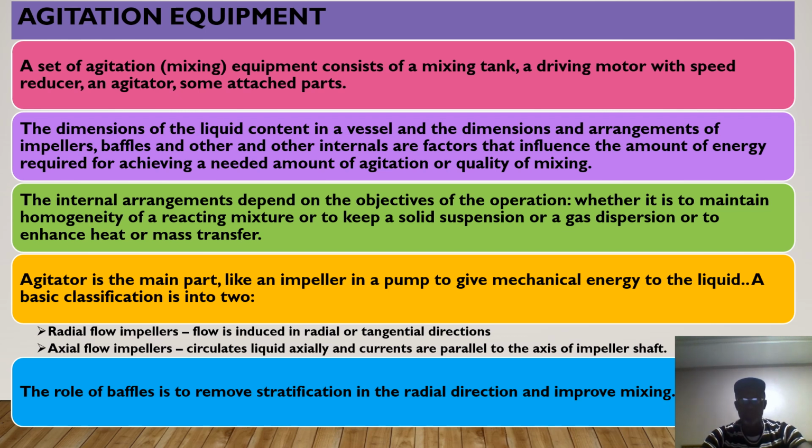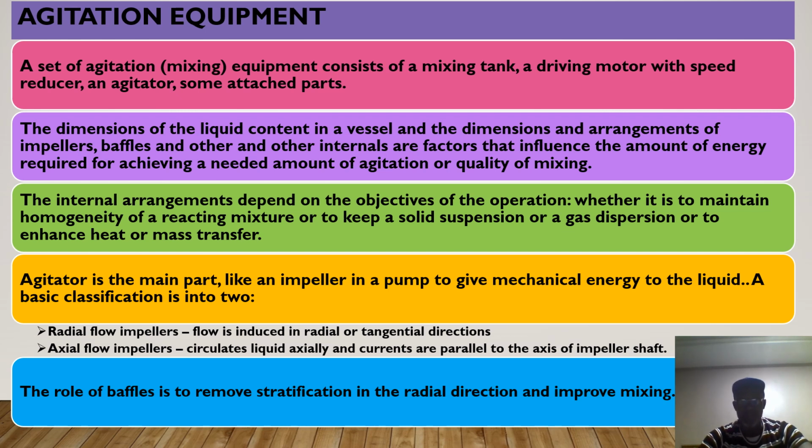The dimensions of the liquid content in the vessel, the dimensions and arrangements of the impellers, all the parts, and even the amount of energy required are things we can calculate and design when we get to design of agitation equipment. Those things help us to achieve a good quality of mixing.